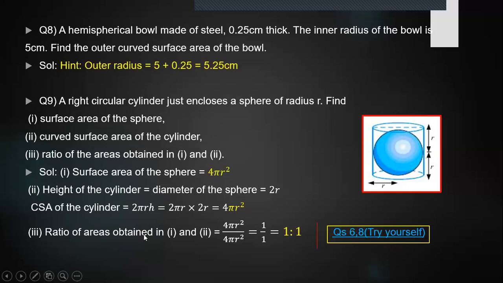What is the ratio of the areas obtained in 1 and 2? Since both the areas are identical, when you take the values of the areas in the numerator and denominator, you will get 1 by 1, and the ratio is going to be 1:1. Questions 6 and 8 of this exercise you will try yourself.